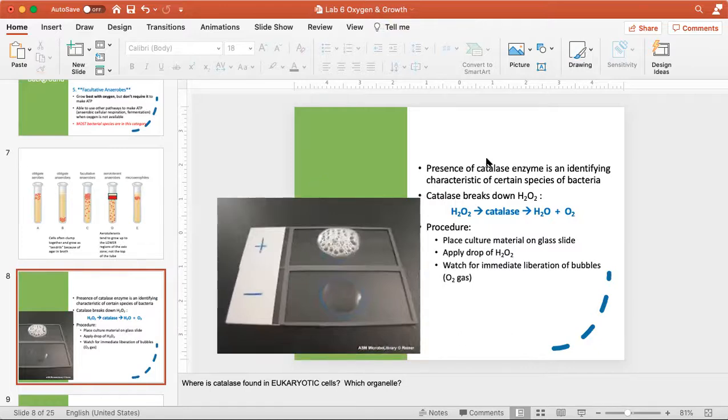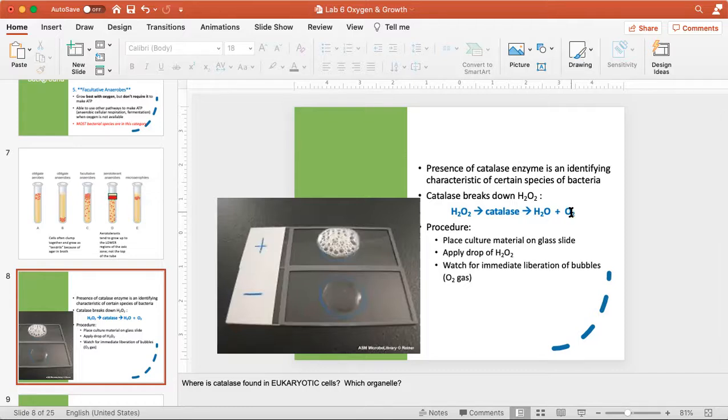What this test is looking for is the presence of the catalase enzyme. Some bacteria will have it, some won't. It's one of the identifying characteristics of different species of bacteria. Catalase, as I said a minute ago, breaks down hydrogen peroxide. So hydrogen peroxide in the presence of catalase is going to become water and oxygen.